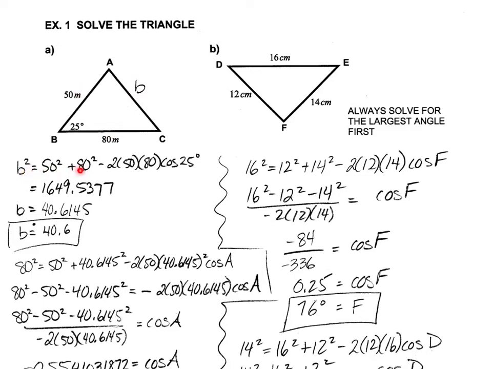That's the part that looks like the Pythagorean theorem. Minus 2, that's always there. These two sides, so 50 and 80, cos of 25, because that's the opposite angle from what the B was. So notice how B matches up with the opposite angle of 25. You can punch this entire thing right here on your calculator, and you'll get this.